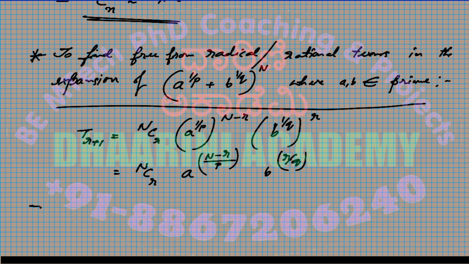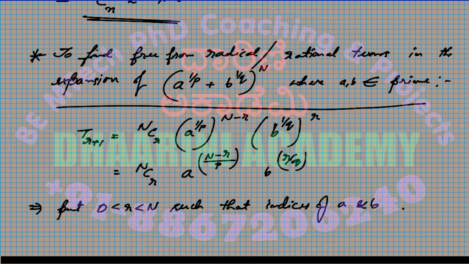So what we have to do, we have to put 0 less than or equal to r less than or equal to n such that the indices of a and b are integers.